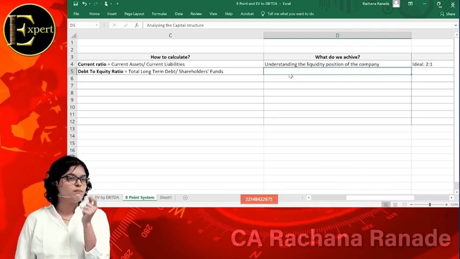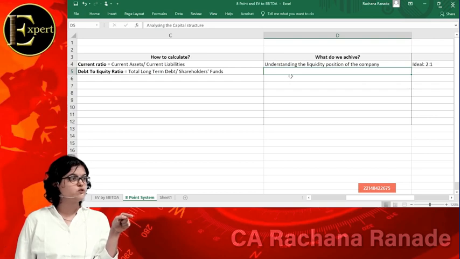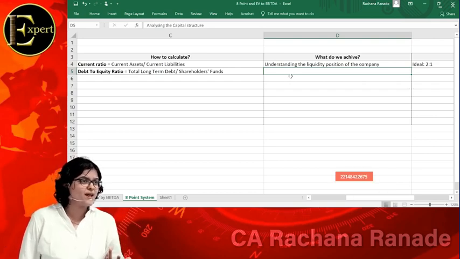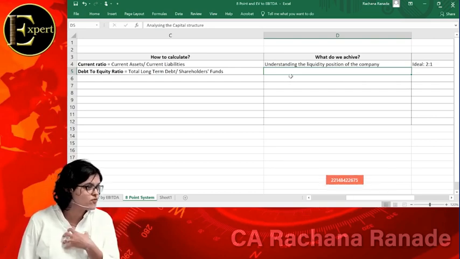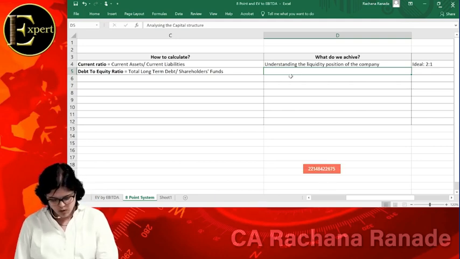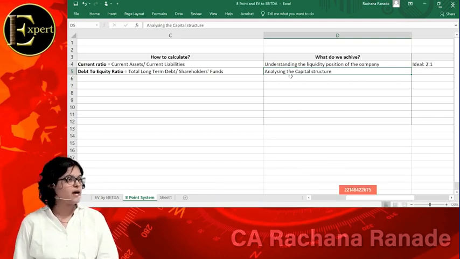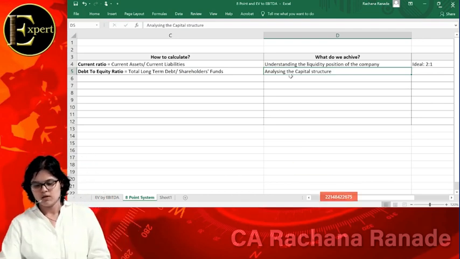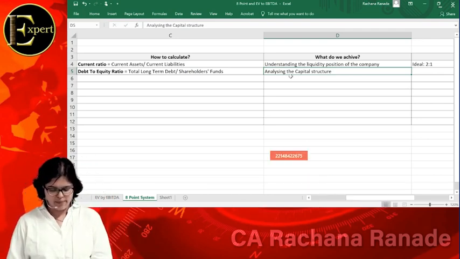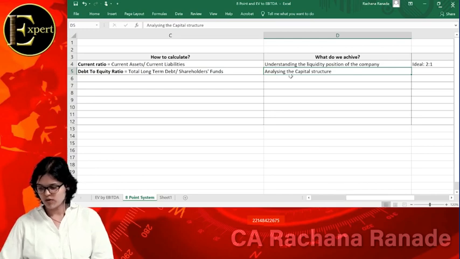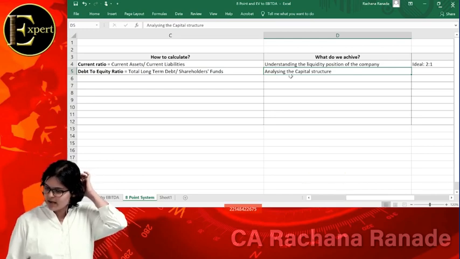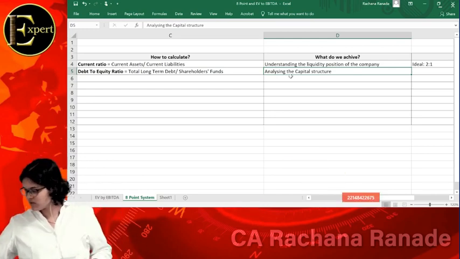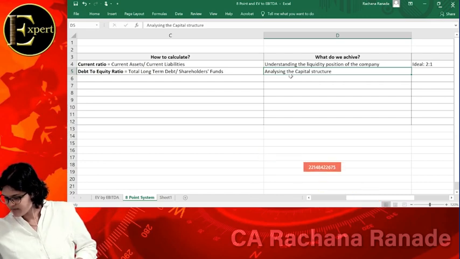Right now we talked about the liability side, the sources of funds. From where have they obtained? Either from own funds or from loan funds. So mainly we analyze the capital structure. If you want to write it down: capital structure, in brackets, own funds versus loan funds.